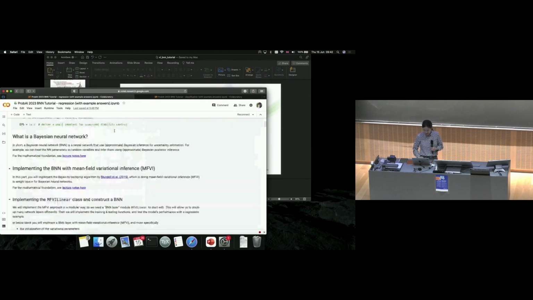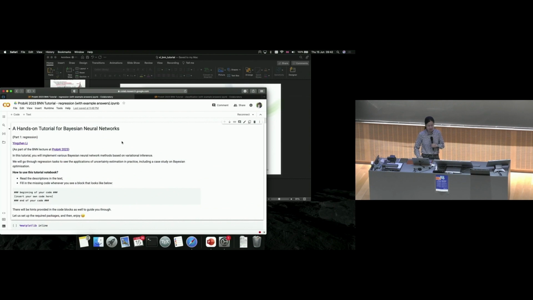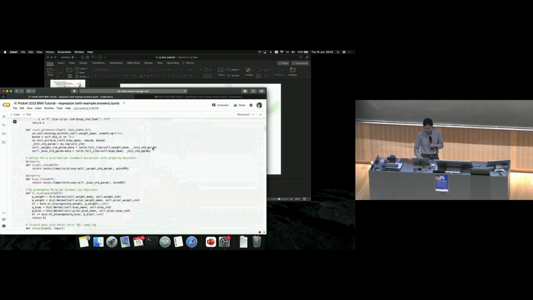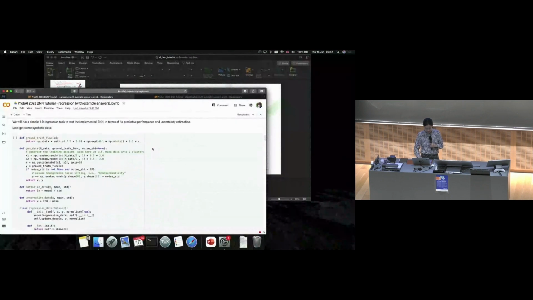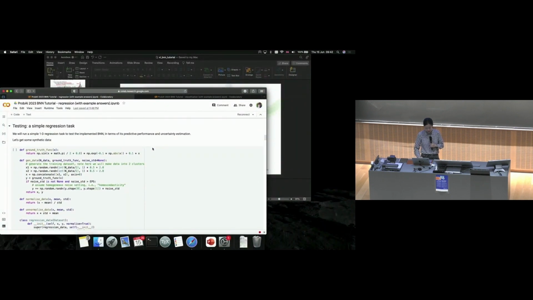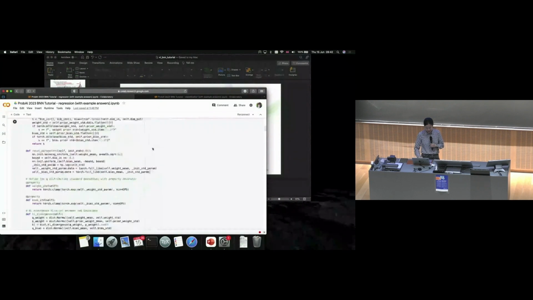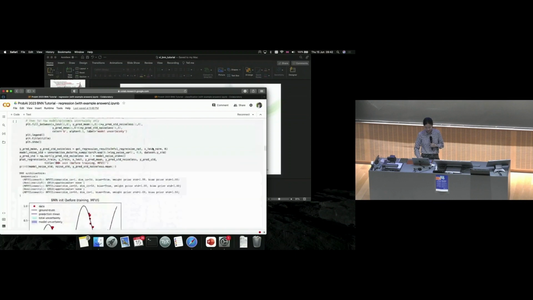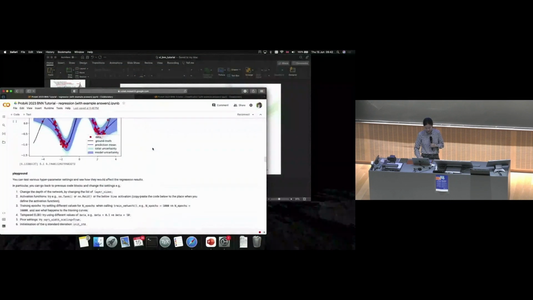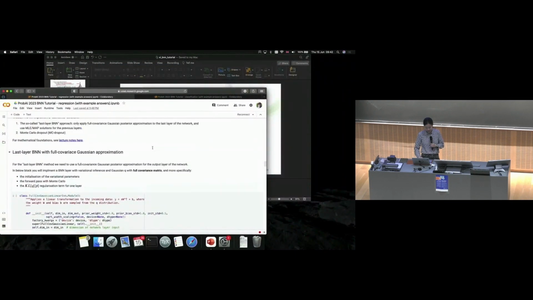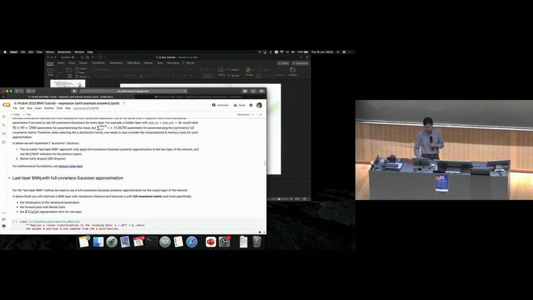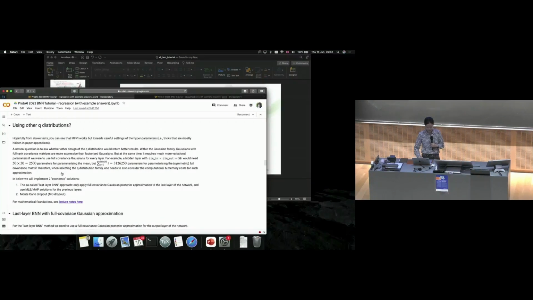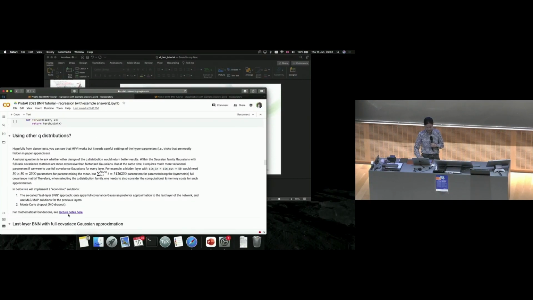All right, so this is what you should see if you can open that website. In the next 25 minutes, you should go through this part. There is a task called a simple regression task, so go through this part and stop until here. We will talk about this in the next part, but essentially we want to use the next 25 minutes to finish up on here.